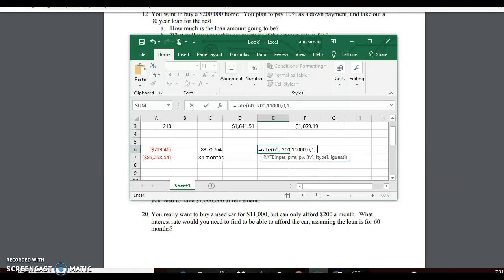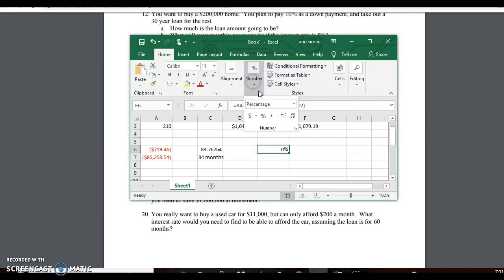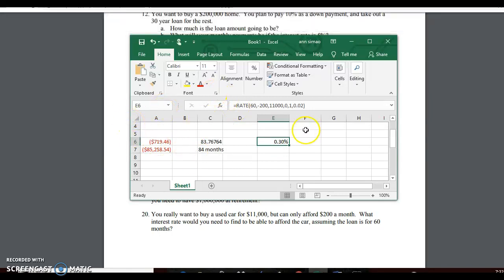And we have to give it a guess, just because the way it iterates, it needs to come up with an initial guess. So if I make this into a couple places, I have 0.3%. Remember, that's a monthly rate.